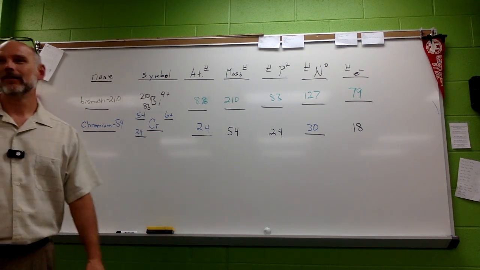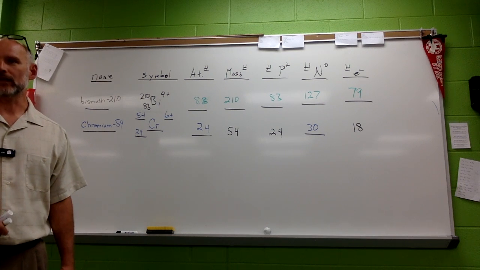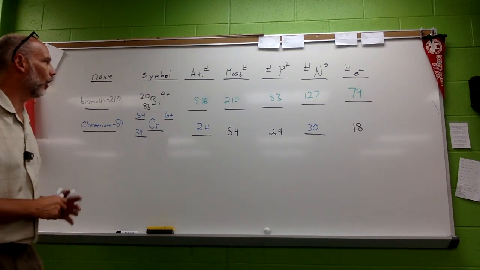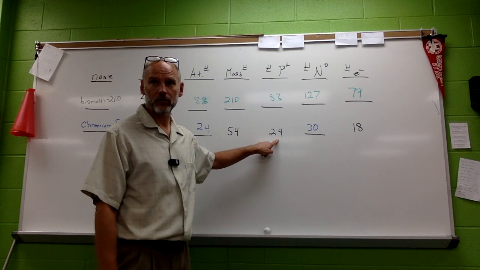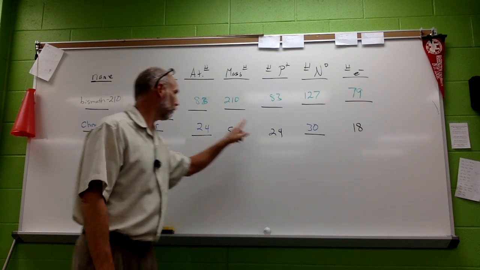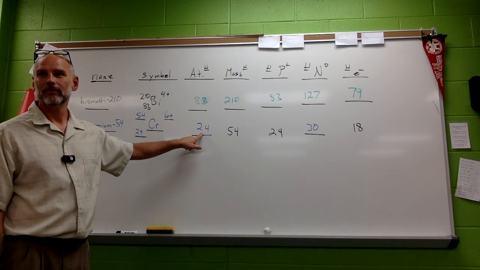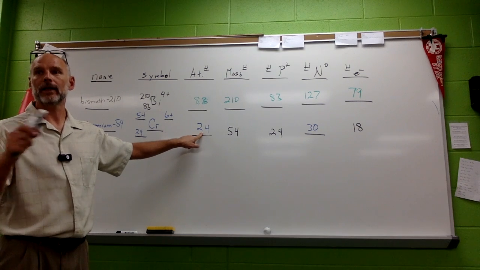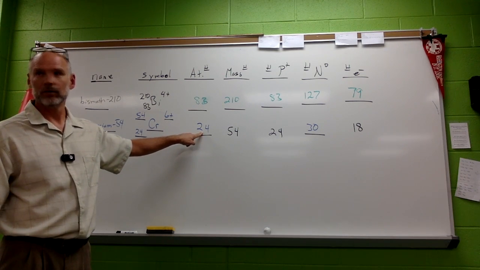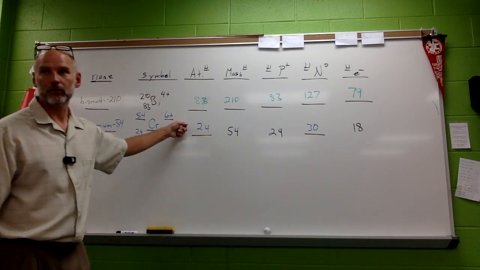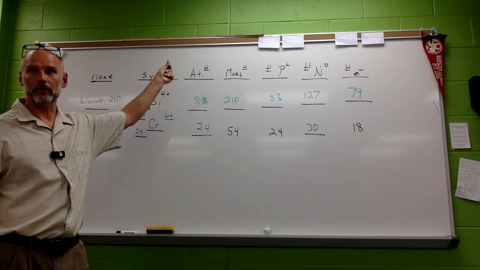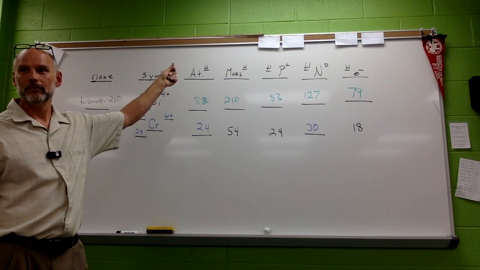How do I figure what out? Which piece are you asking? Which element? So, number of protons, which is indicated by the, remember the atomic number is the number of protons. So, 24, go to the periodic table, chromium.